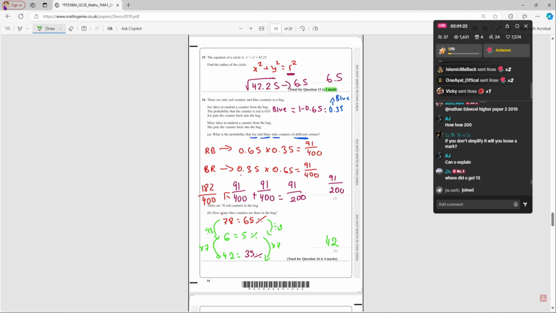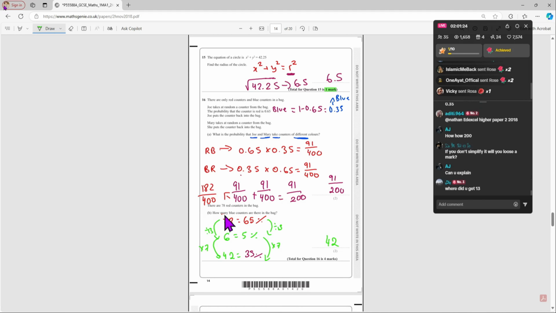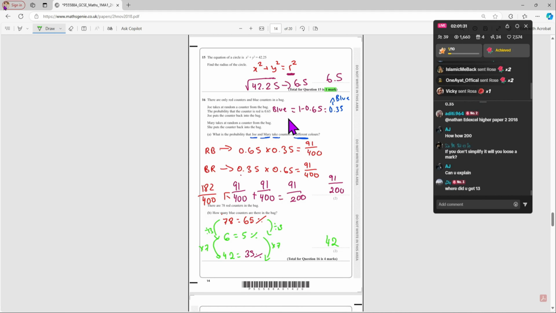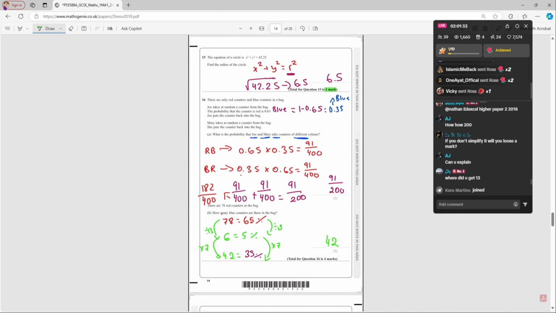So basically, what we are doing in this question, we know that 78 red counters are in the bag. We know the probability of a red counter is 0.65. And then we just write 0.65 as a percentage, which is 65%. So we know that 78 is equal to 65%. So we need to go from 65% to 35%, because we know that the percentage of blue counters is 35%.